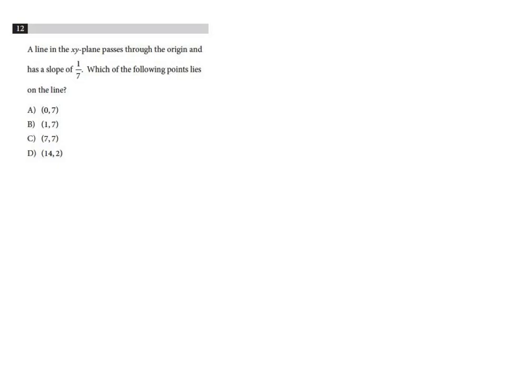A line in the xy plane passes through the origin and has a slope of 1/7, and we want to figure out what other point is on the line. Well, 0.7 is going to be up here.